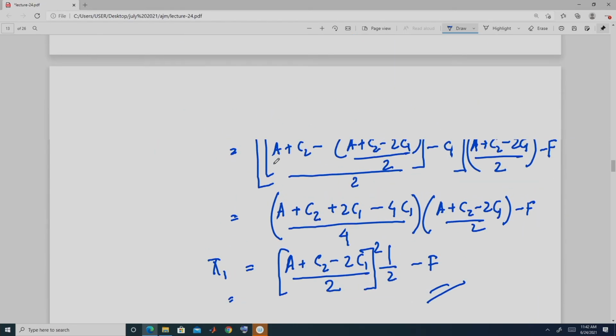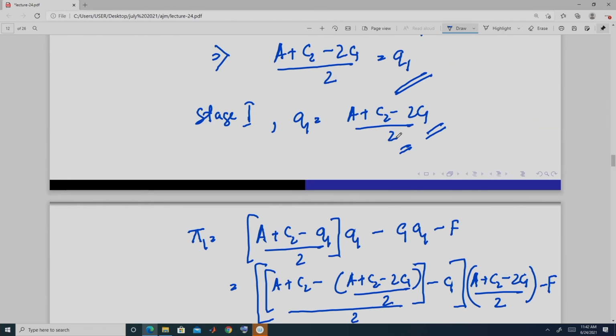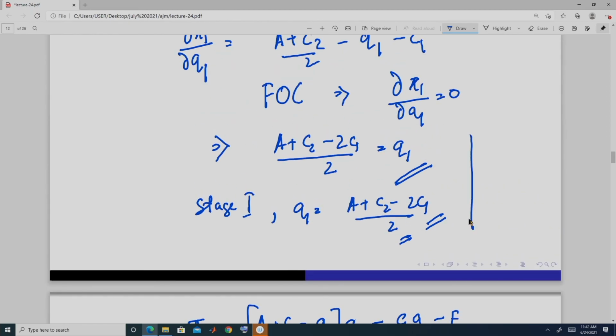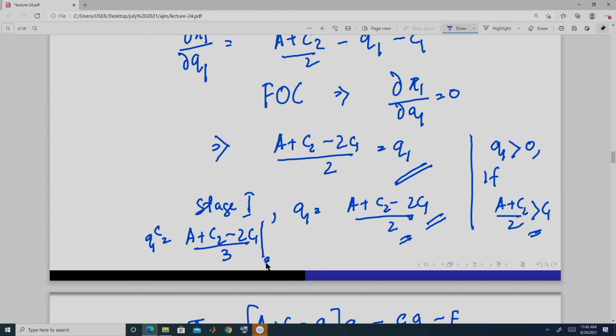And for this to be positive, Q1 is positive if A plus C2. So, this is always going to be positive, because this output is greater than the Cournot output, because in Cournot, you remember, the Cournot output is this.